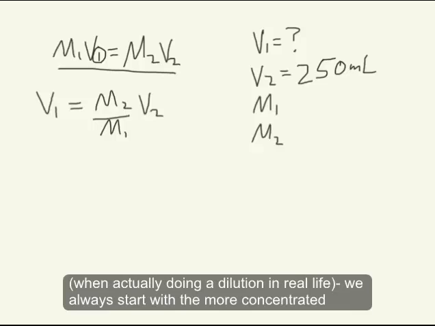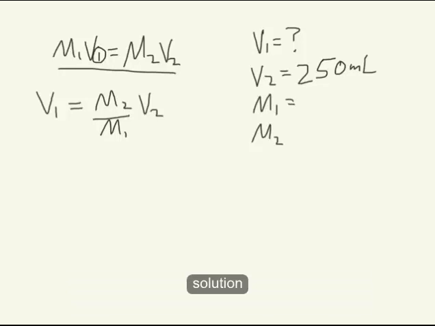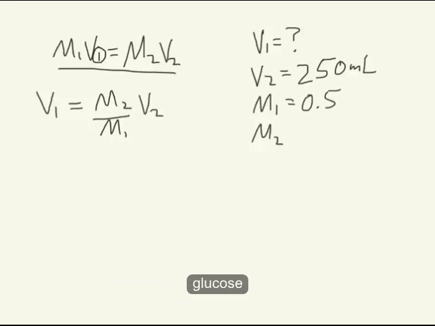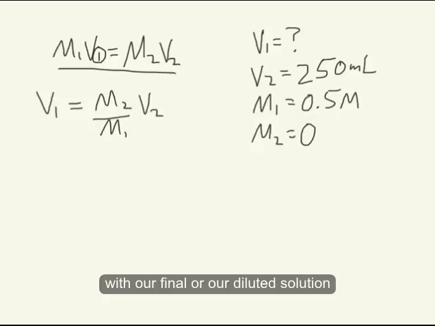We always start with the more concentrated solution. So we are starting with 0.5 molar glucose. And we want to end up, this would be our final or our diluted solution, with 0.2 molar glucose.